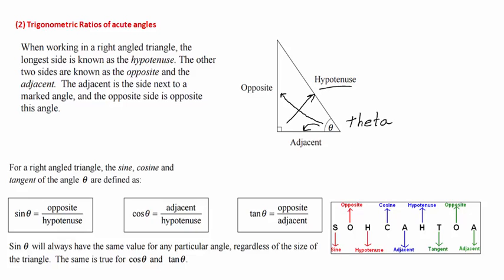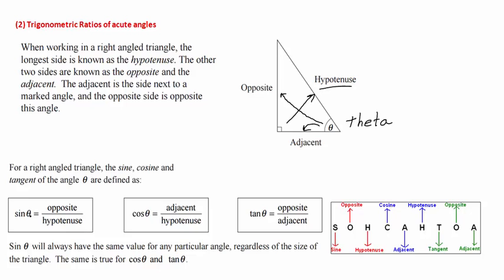Now, the three ratios we're interested in here are the sine, cosine, and tangent ratios. Sine, S-I-N-E, the short form is sin. Cos is cosine, tan is tangent. These are fractions, just ratios of sides.